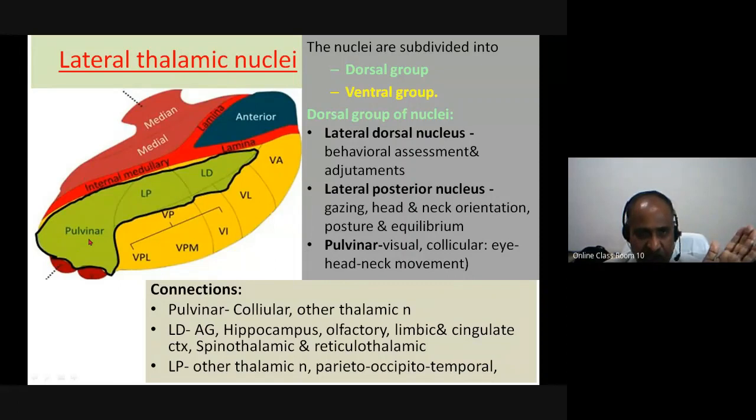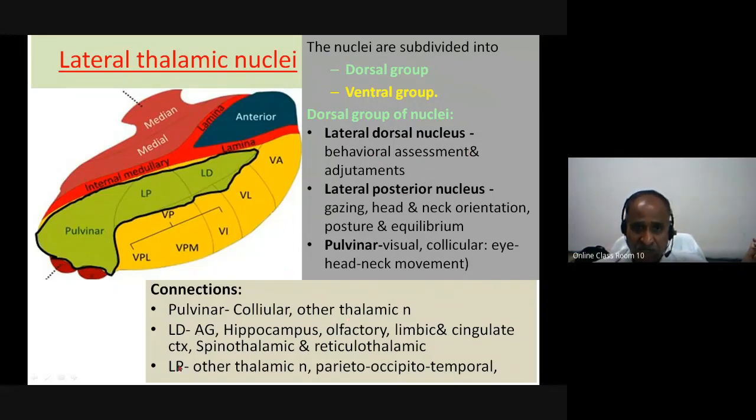The lateral dorsal I mentioned receives inputs from the amygdala, the hippocampus, the olfactory nucleus, the limbic and cingulate cortex, the spinothalamic and reticulothalamic projections. Because the lateral dorsal nucleus is for behavioral assessment and behavioral adjustment.